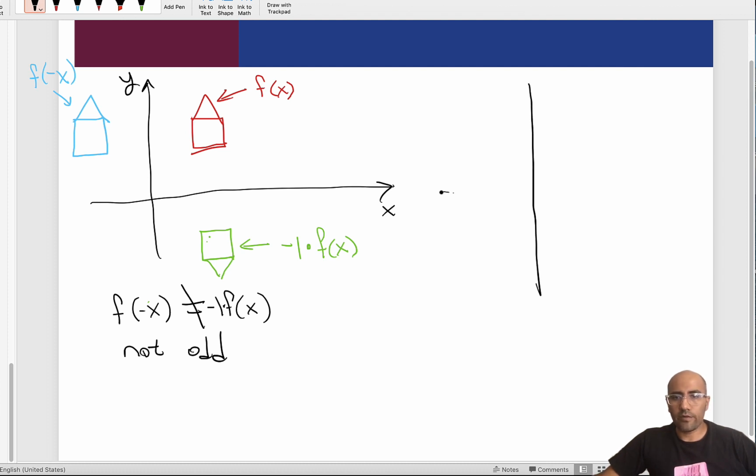Okay, so now let's take a look at one where it would work out. Let's go over here and draw another one. So here is y, here is x. Let's say the original function was just something that looked like this. Something like that.